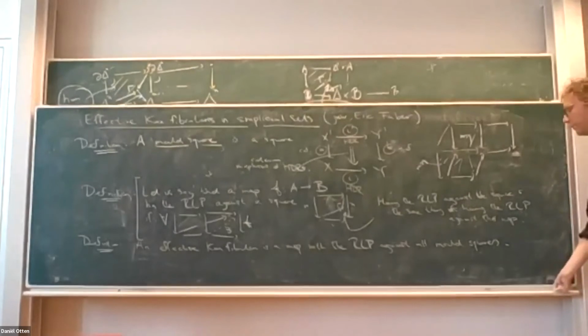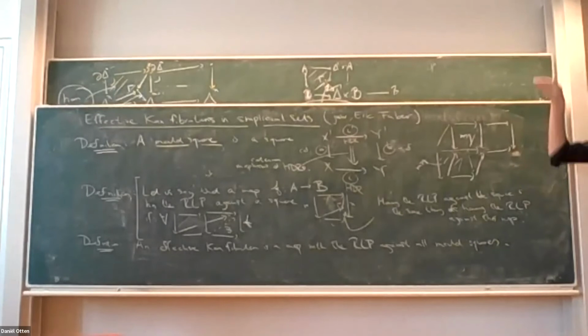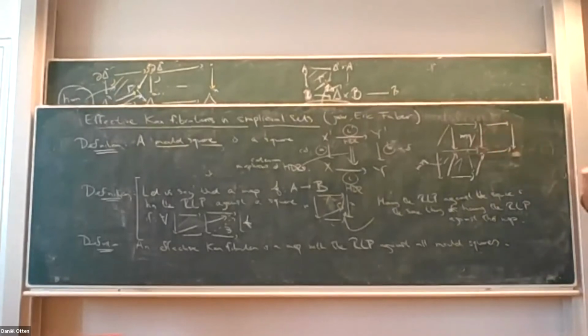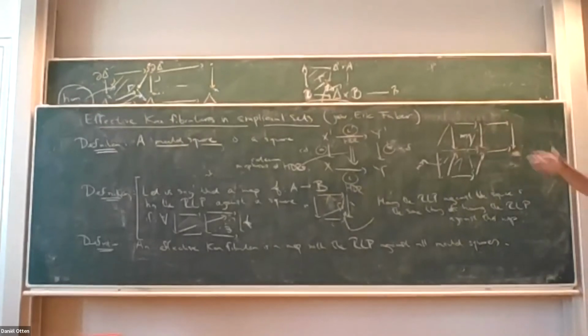So we have what you could call a horizontal condition, a vertical condition, and this kind of perpendicular condition. So in fact, the mold squares live in a triple category.